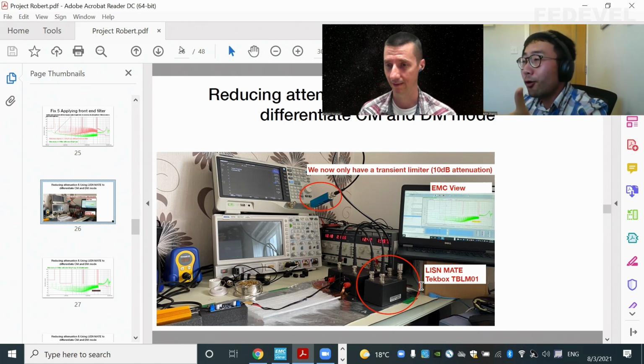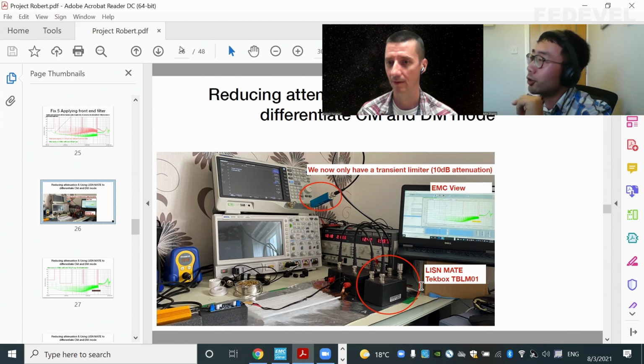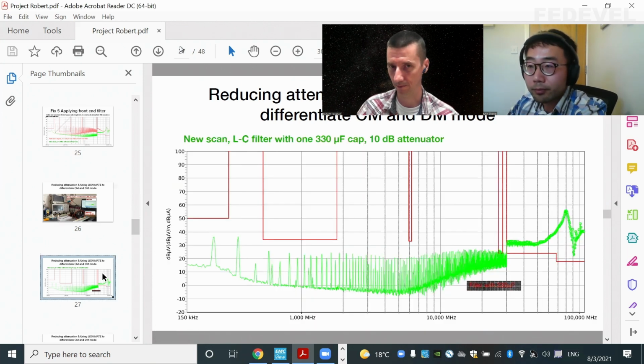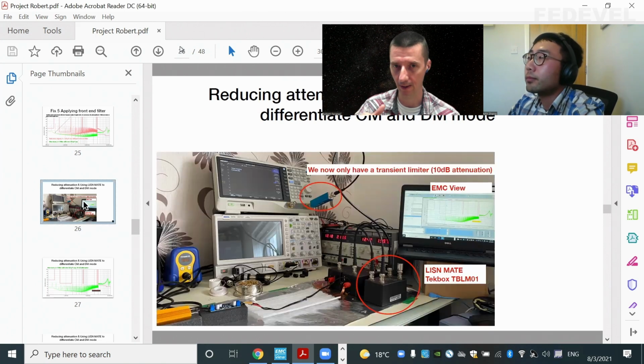So when we look at the noise, we know whether we need to do more filtering on the common mode or on the differential mode. That's why I introduced this module at this stage. So you can measure one noise and the other one.